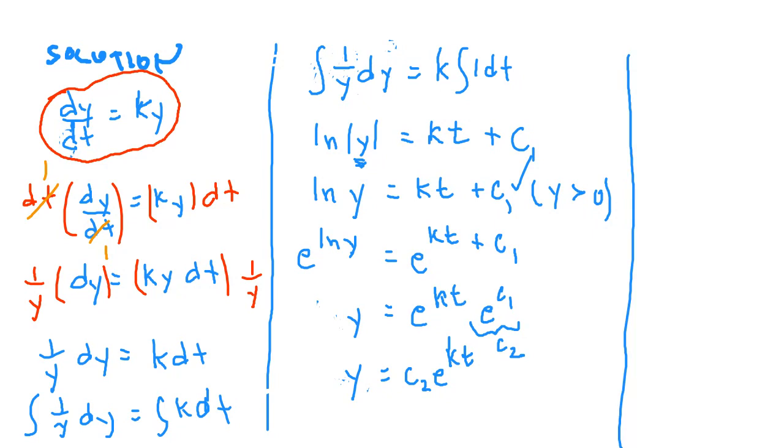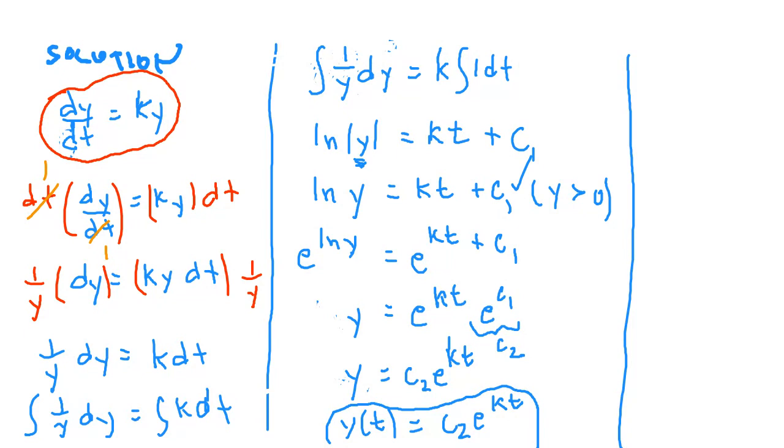Notice here that y of t is equal to C2 times e to the power kt. So we have a formula for the population, but it's like a family of formulas.